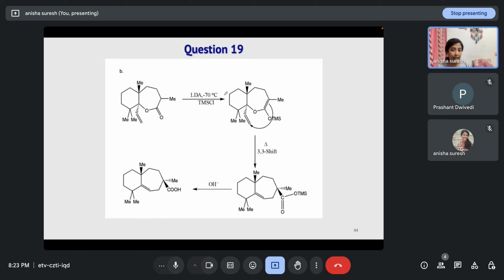In the presence of LDA and TMS chloride at lower temperature, it will result in the formation of an enol TMS.